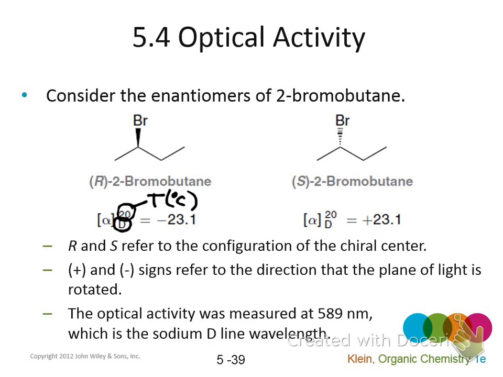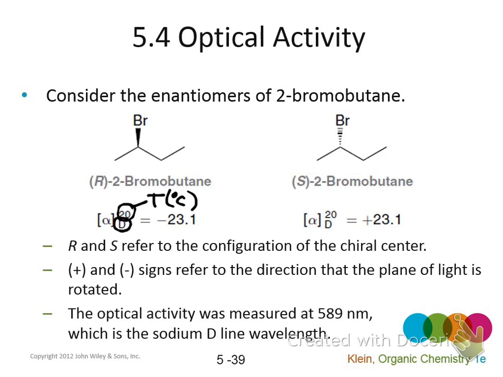And D, they could have just said 589 nanometers. But it's 589 nanometers from a sodium lamp. So we actually have a special lamp. It's got elemental sodium as one of its electrodes, and that's how it generates the light.